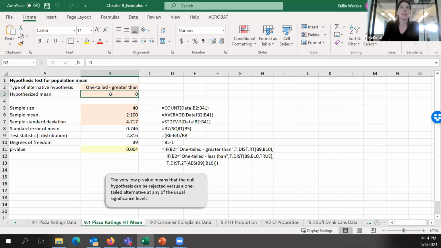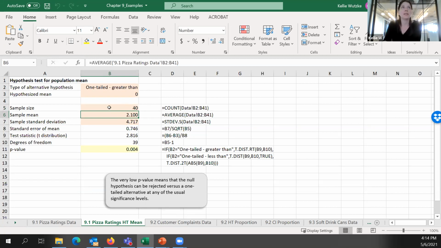The hypothesized mean is 0. This is what we want it to be greater than. We take our sample size. Again, we're using formulas as much as we can with data ranges, because if we want to add or change any of the data, all of our formulas will update automatically. If we hand enter data, we don't get the same flexibility.